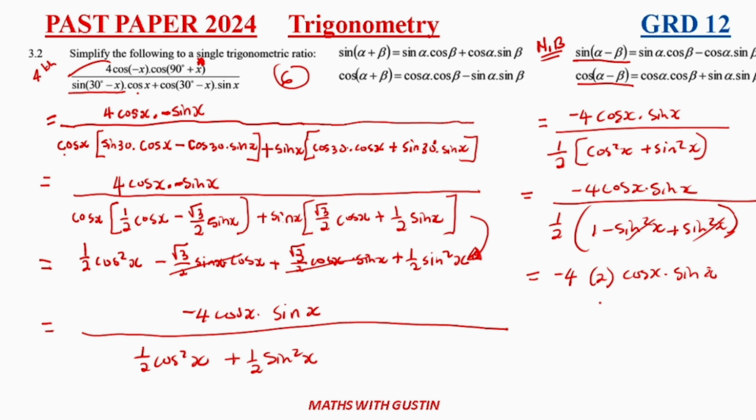And then this part here we can simplify out. If you go to your formula sheet, guys, you will see that you can also change it to negative 4, and then this can just be sine 2x. Why? Because sine 2x is also equal to that at the top there. What is underlined is also equal to that. So then you can simplify this into this single trigonometric ratio.